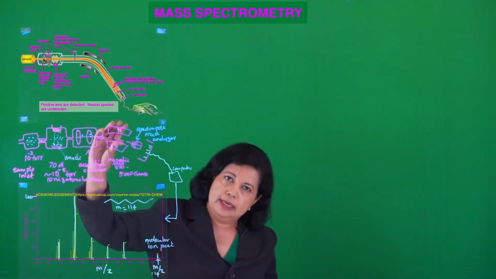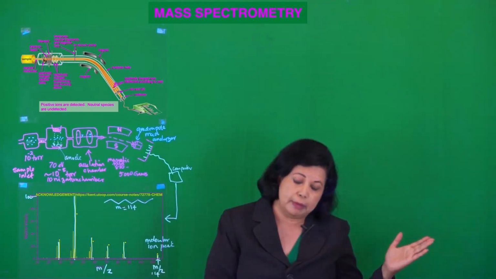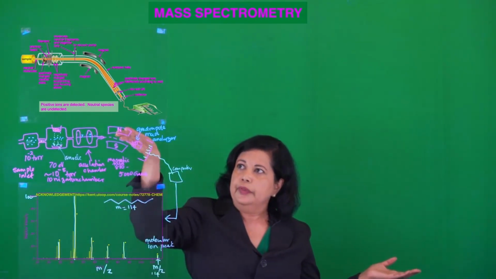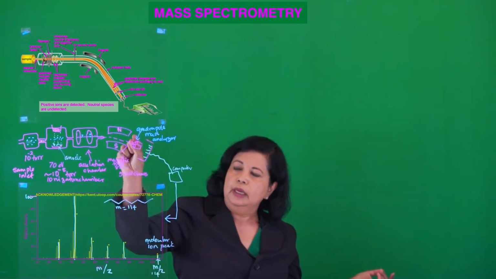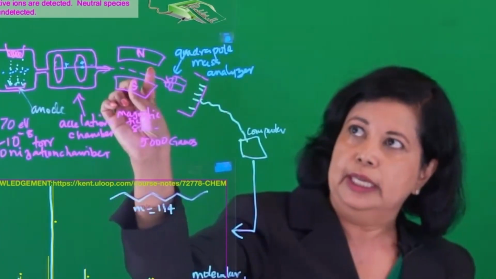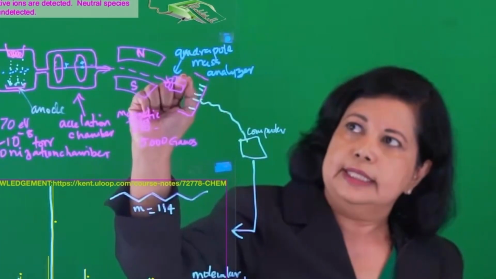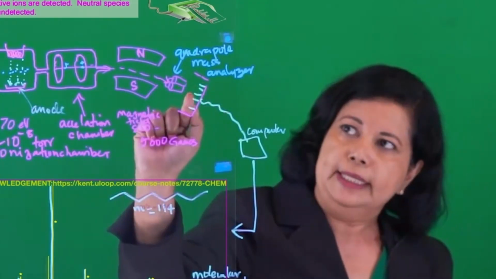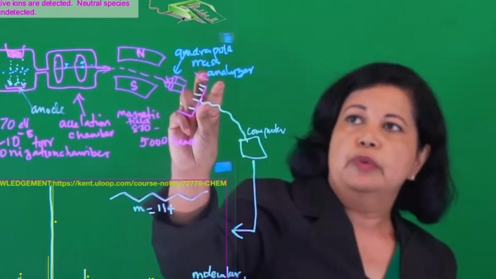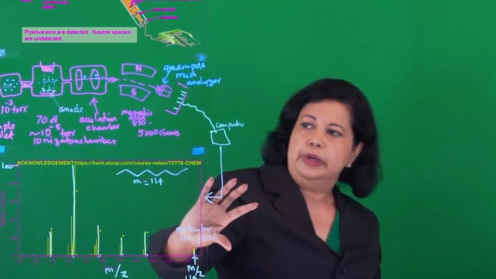In the magnetic chamber, they're separated according to their mass and charge. If the charge is 1, then your mass is what you would see here for the main peaks. So it hits the analyzer, and you see different peaks for different masses. That information goes through an electron amplifier and is processed in a computer to give you a mass spec.